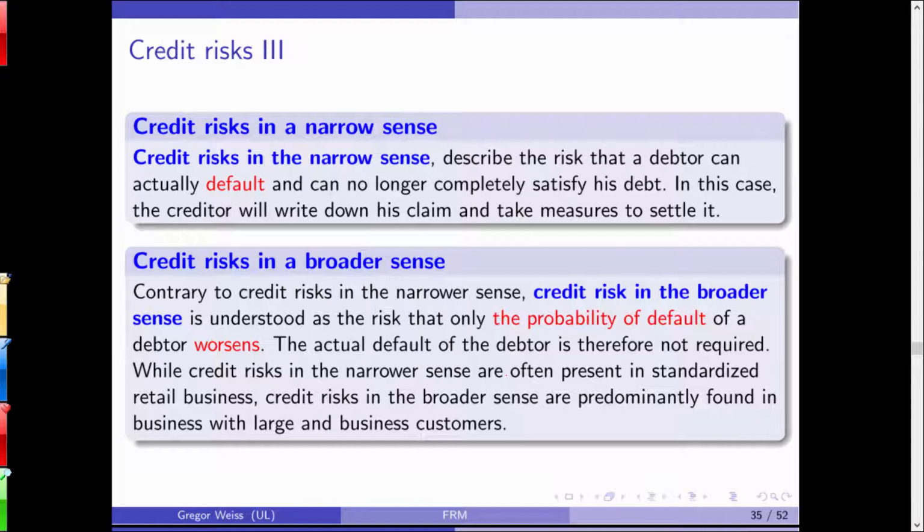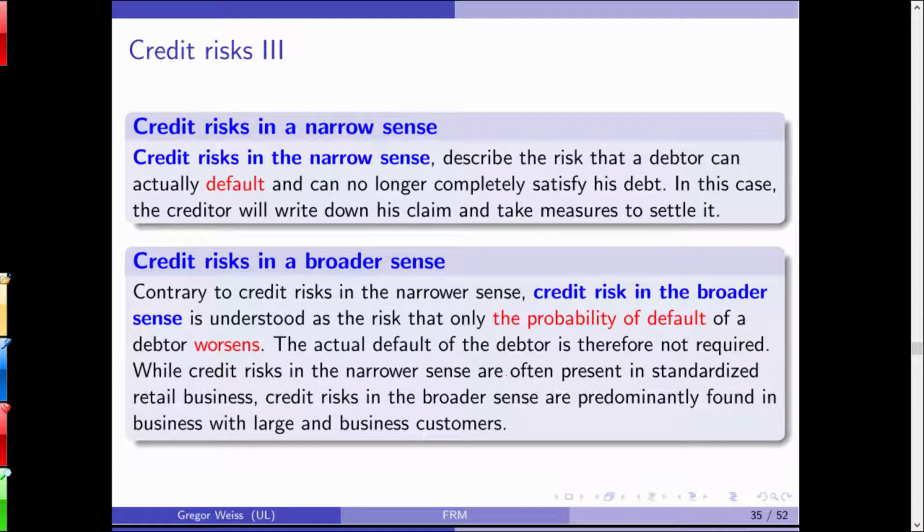You have a 100% loss on your money. So you can distinguish between a loan that is in default and a loan that is not in default. This is credit risk in a narrow sense. Default, yes, no, 1 or 0. So it's a discrete situation. Yes or no.